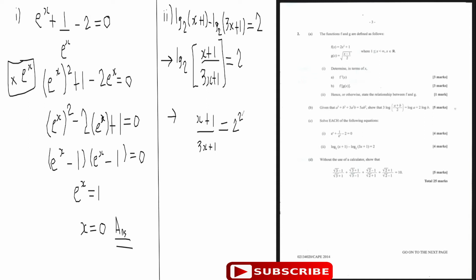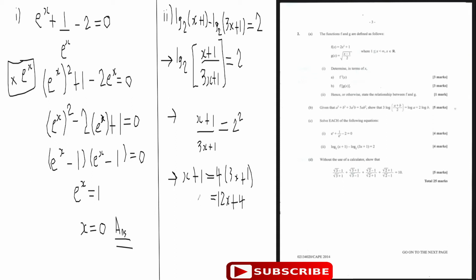So we can cross multiply now to get that x plus 1 is equal to 4 times (3x plus 1), and then we're going to solve for x. Expanding through, you're going to get 12x, and then 4 times 1 becomes plus 4, and over here we have x plus 1.